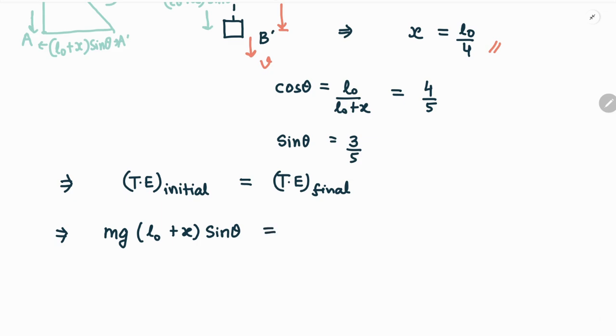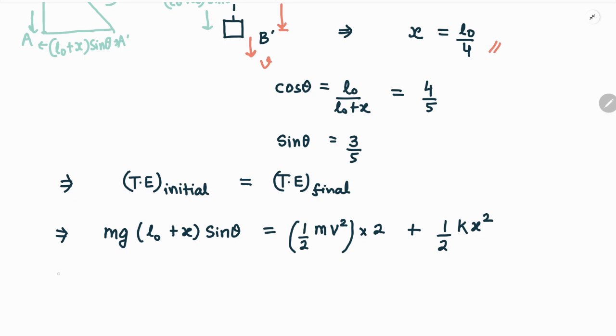And finally the energy is in the form of kinetic energy. For one block the kinetic energy is half mv square. Since two blocks are involved in the problem, both constrained to move together with the same speed, we multiply the kinetic energy of one block by 2, plus spring energy, which is half kx square, where x is the elongation in the spring.